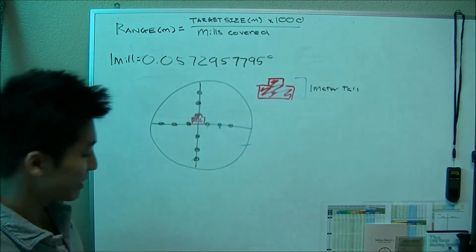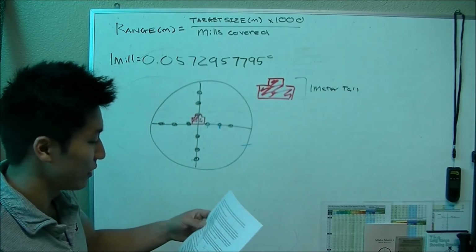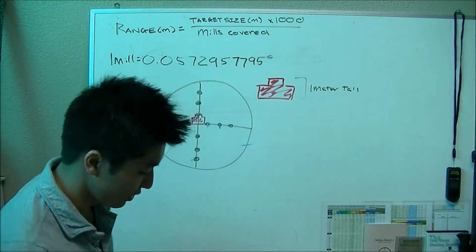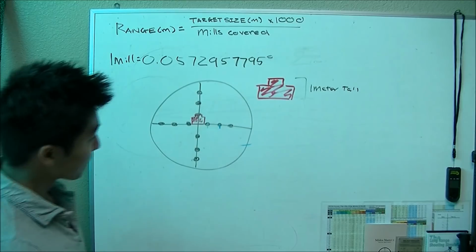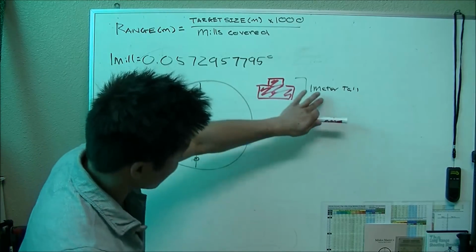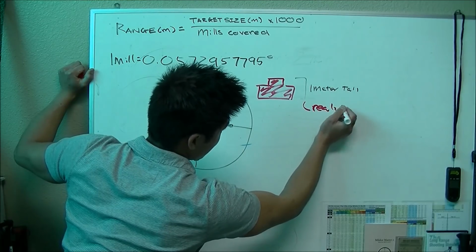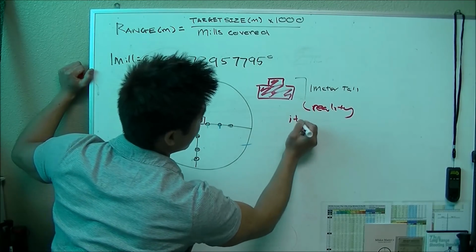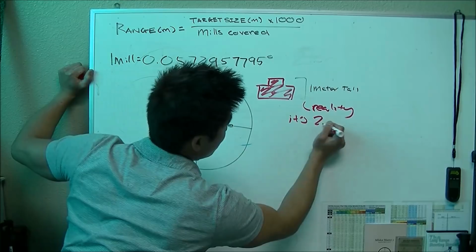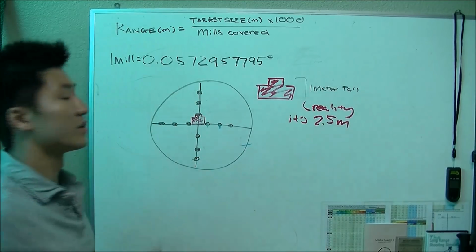And so you might be like, well, how are we supposed to use this then? Well, let's say that the target, in our example, is going to be 2.5 meters tall. So that's a pretty big target. That's our expected one, but in reality it's, for example, 2.5 meters tall.